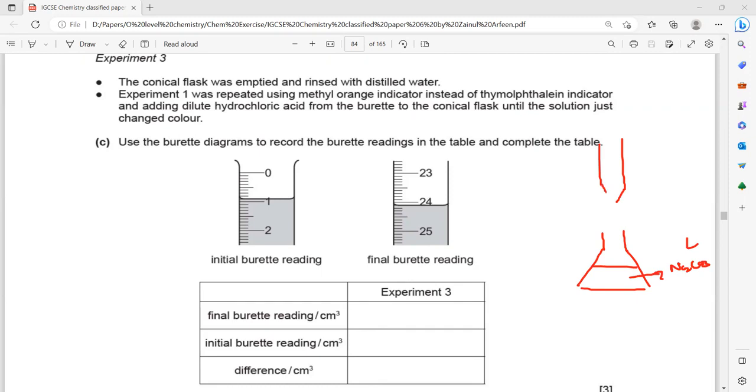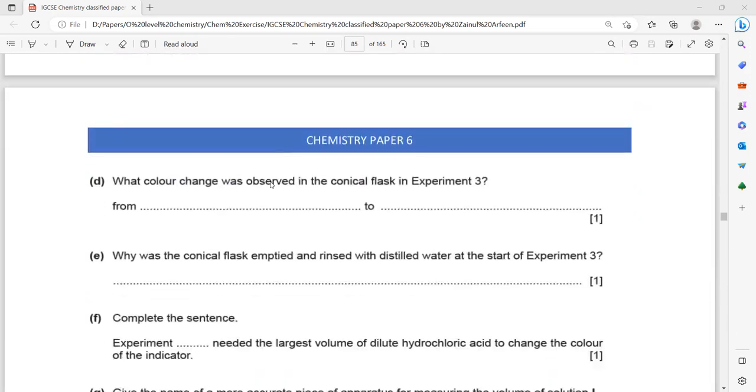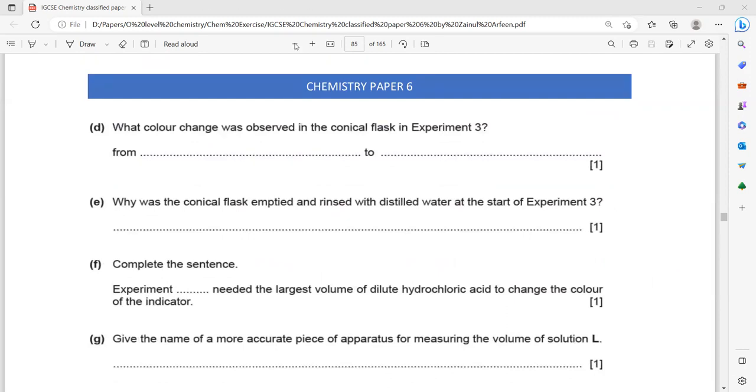And then what will happen? We add an acid, so it will change to orange because HCl was in our burette. So yellow to orange is the color change. You have to learn the color changes to identify the color of the indicator in different media. So this will be yellow and the other one is orange.